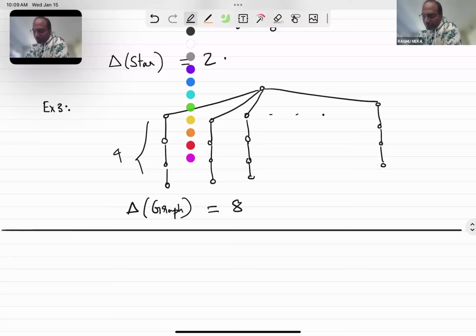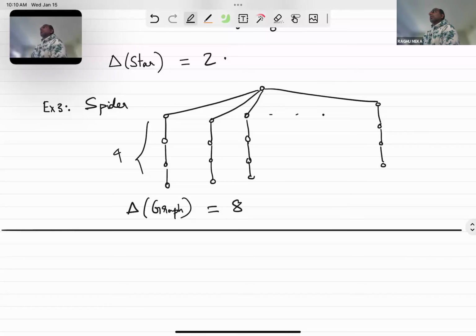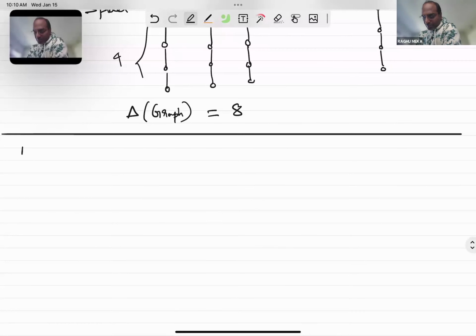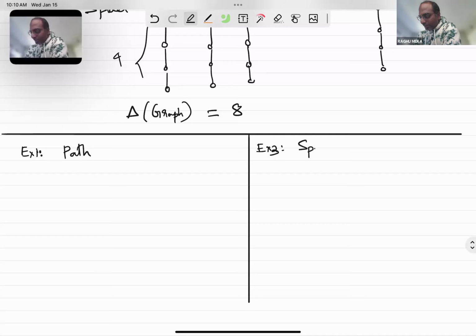So let me call this, what's a good name? Spider graph. Okay, so let's take the 2 examples. First example is the path graph. And the second example is the spider graph.